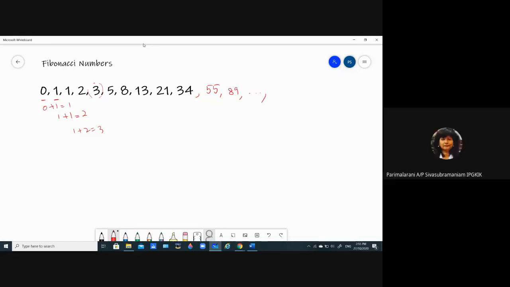Okay. So say we have a number here, nth. This is the nth number here. So how do we find the nth number? If this is n, what is the number before n?